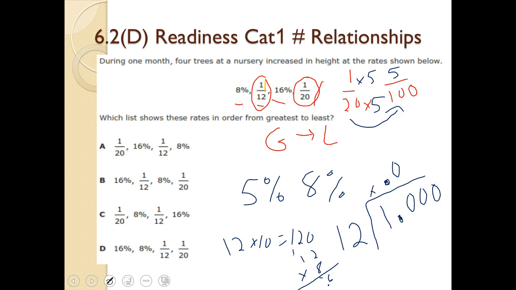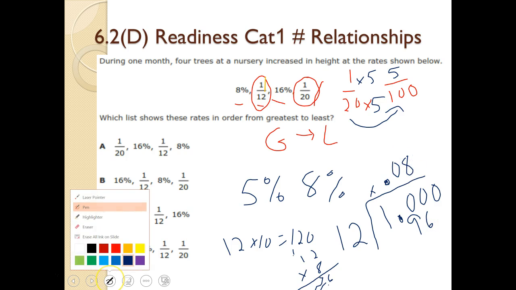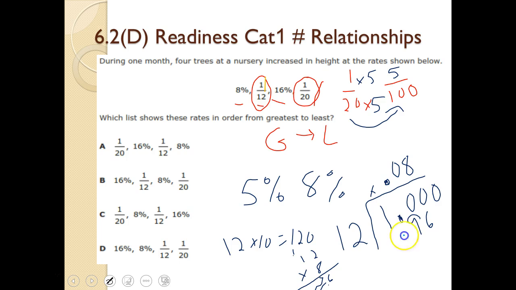So we have 96. Let's just put our 96 over here. That was 8 times. We're doing our subtracting. Borrow from the 1, making this a 10. Then we're going to borrow from the 10, making this a 9, and take 10 minus 6 is 4. 9 minus 9, 0. Bring down the 0.